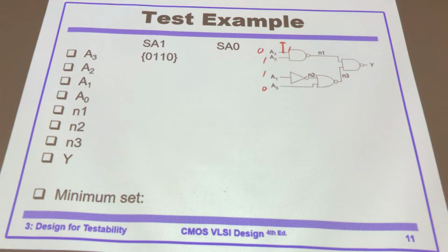And then what is the value at the output of the gate? 1, 0. So what is the value for N1? You get 0, right? However, if there's no stuck-at 1 fault, the original correct value should be 1, right?